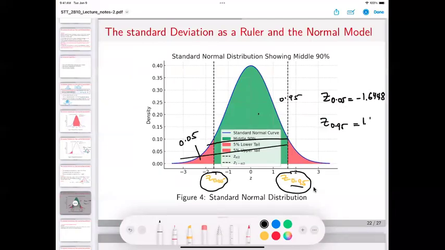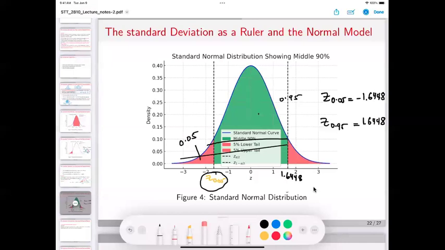So 1.6448. So these are the Z values. So in place of Z 1.95, I could put 1.6448 here.